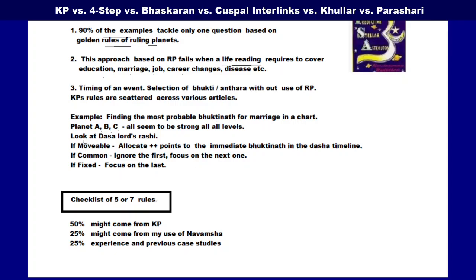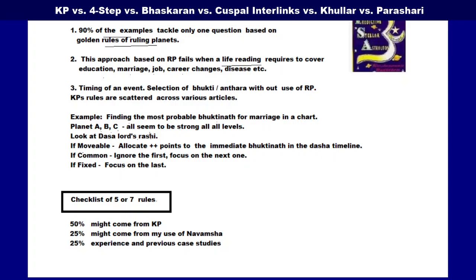So at that time, this is just a small suggestion or a hint from Krishnamurti, apart from any other. You have to look at the Dasha Lord's Rashi. Now, if it is movable, then you allocate a positive point to the immediate Bhuktinath in the Dasha timeline.